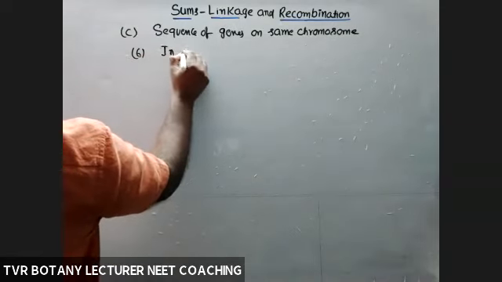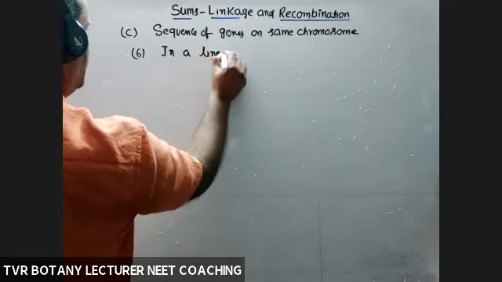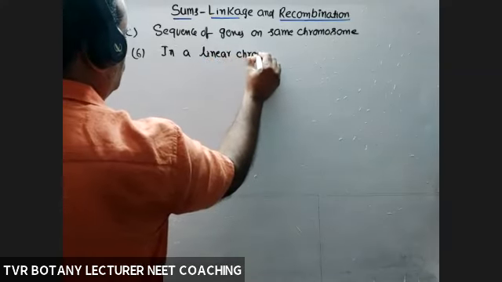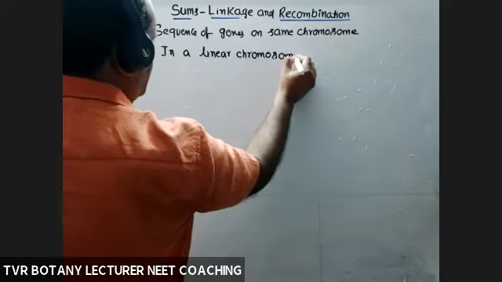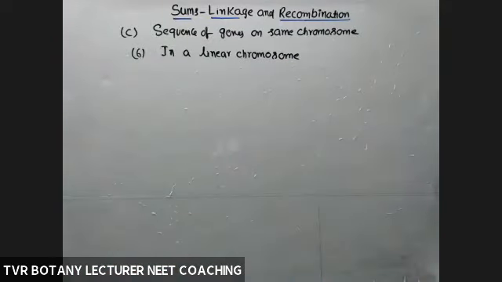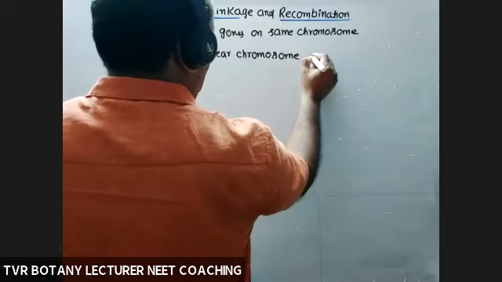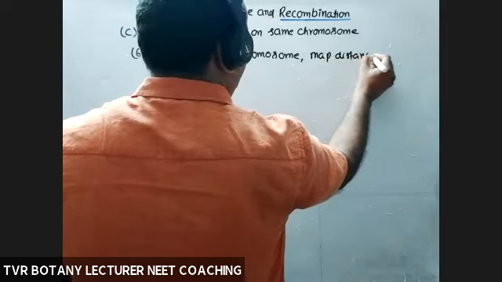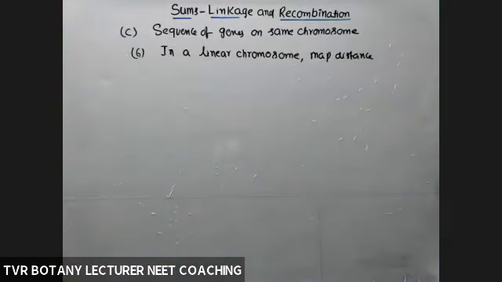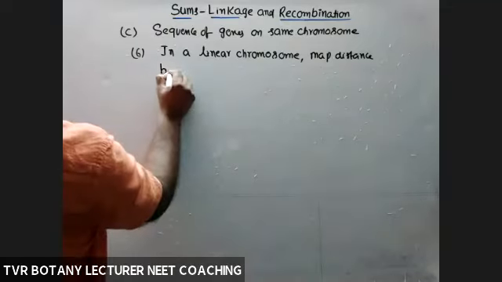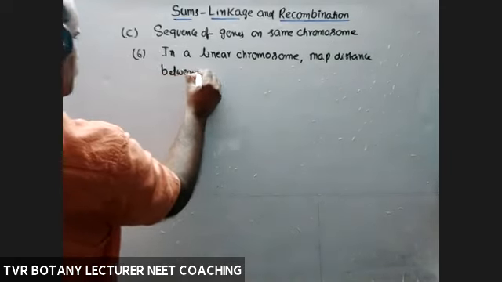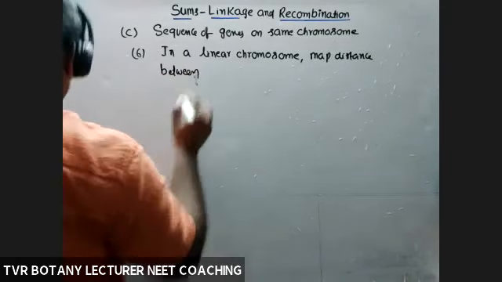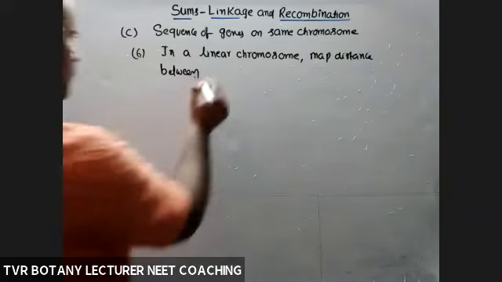In a linear chromosome, in one chromosome, map distance, that means centimorgan or map distance, between four loci.